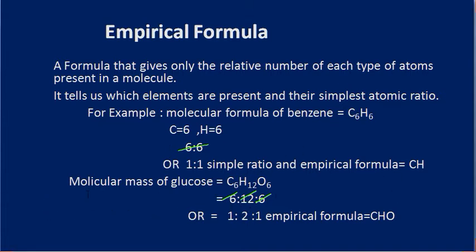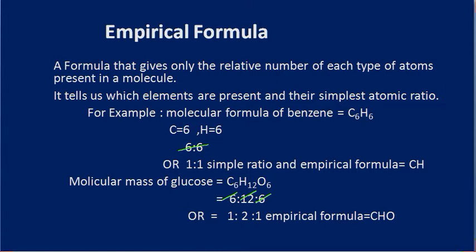Now come to glucose. What is the molecular formula of glucose? C6H12O6, right? If we see the ratio, 6 ones are 6, 6 twos are 12, and 6 ones are 6.